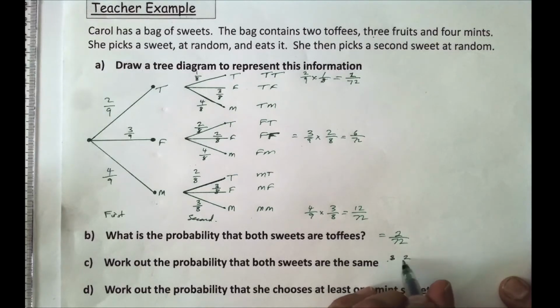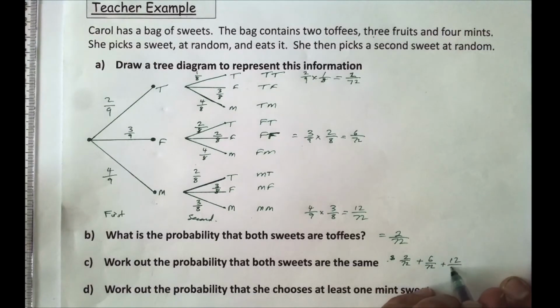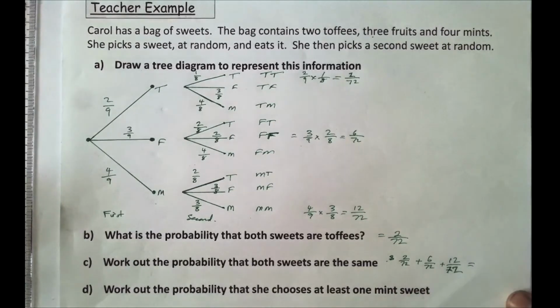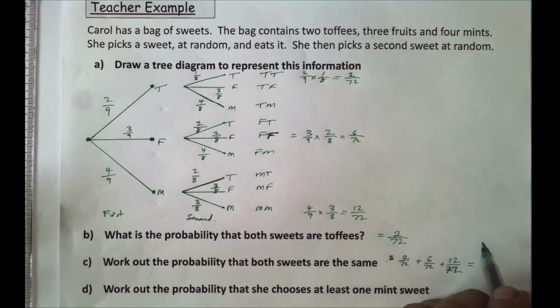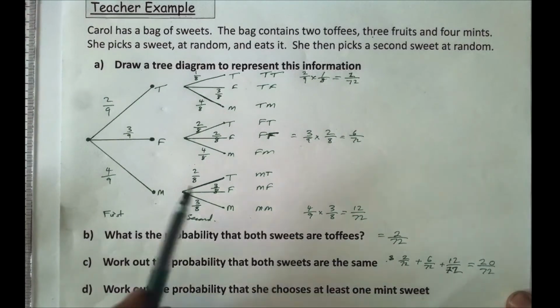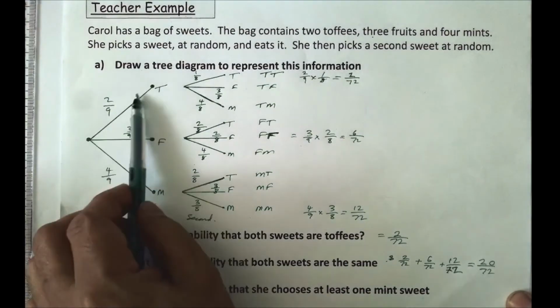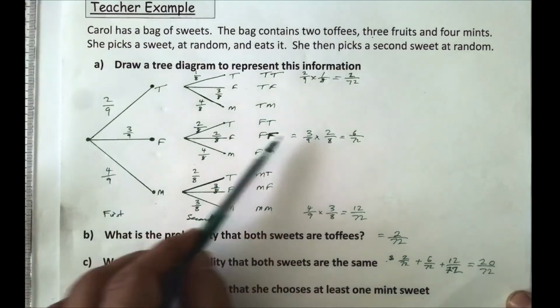That's 2 over 72 plus 6 over 72 plus 12 over 72. So then that gives me 12 plus 6, 18 plus 2 is 20. So that's 20 over 72. So probability that both sweets are the same, that'll be toffee and toffee, fruit and fruit, or the mint and mint.